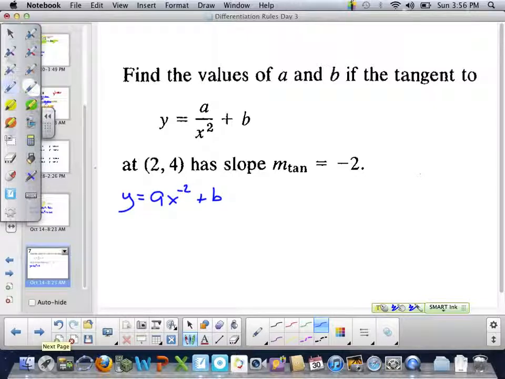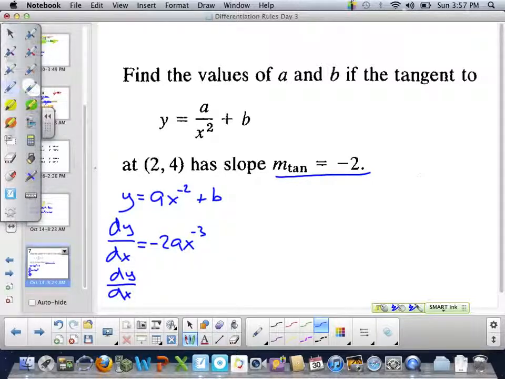Since a is what I'm looking for, I'm going to treat a as a constant, and b as a constant. So my dy/dx will be, as we take our derivative, negative 2a x to the negative 3, and then b is a constant. Since I'm trying to set this one equal to something, it might be a good idea to rewrite it back into a fraction. So that's my derivative.